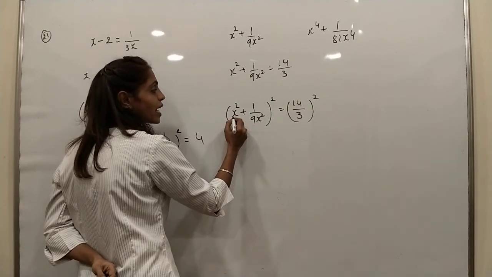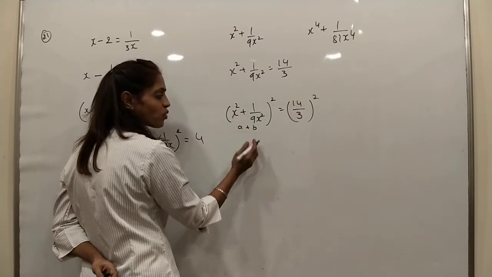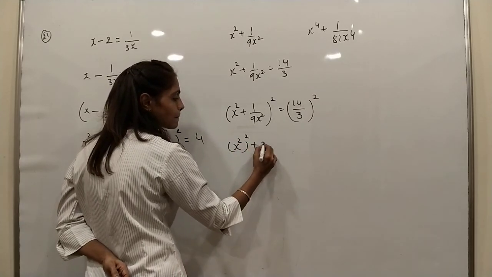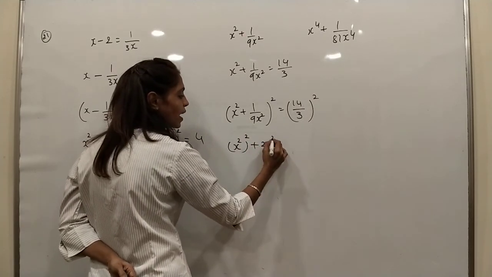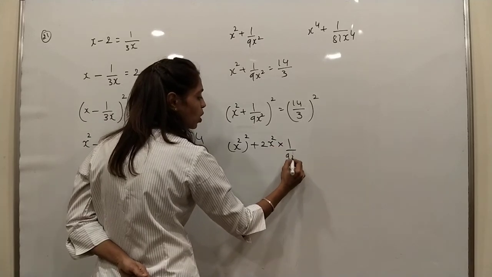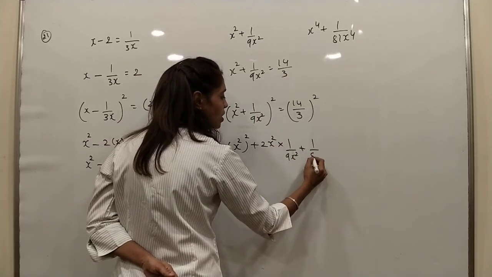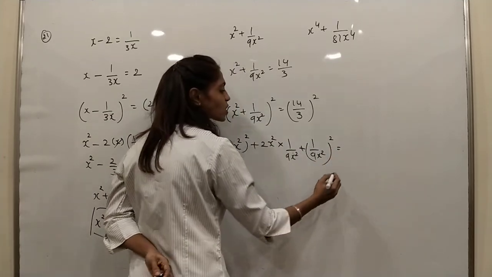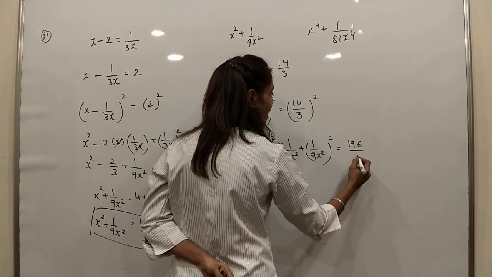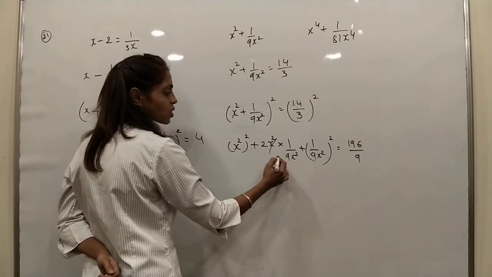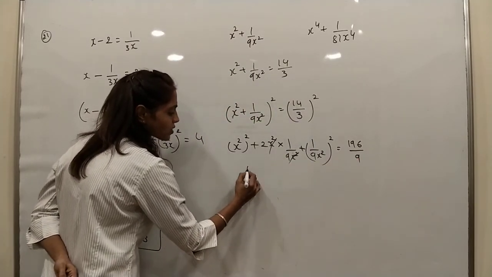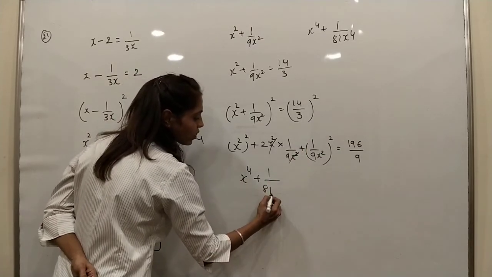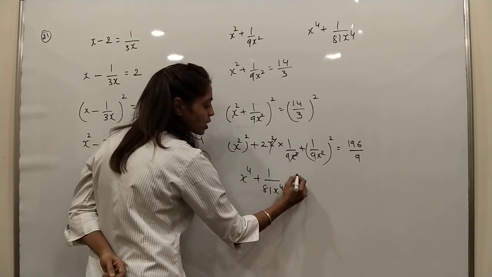Now the (a plus b) the whole square formula: a square plus b square plus 2ab, where the middle term is 2 times x square into 1 upon 9x square. 14 square is 196 and 3 threes are 9. So x raised to 4 plus 1 upon 81 x raised to 4 plus 2 by 9 is 196 by 9.